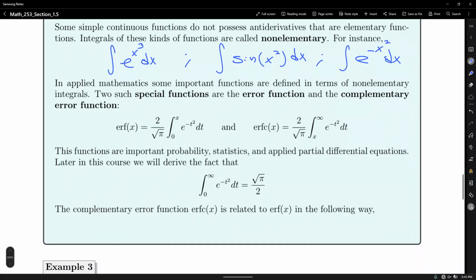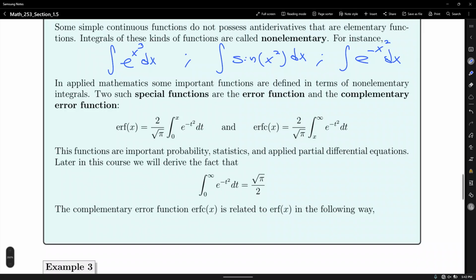Also, what we're going to look at later in the semester is how the integral from 0 to infinity of e to the negative t squared equals the square root of pi over 2, which is related to the Laplace transform and many other fun things. The way we're going to get from this to there, just to give you the heads up, is by using a double integral in polar coordinates.